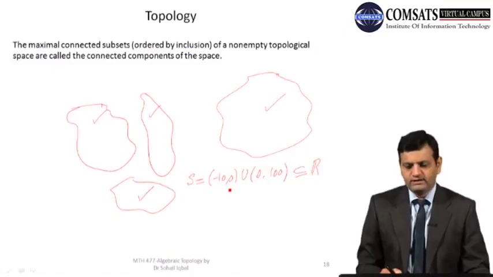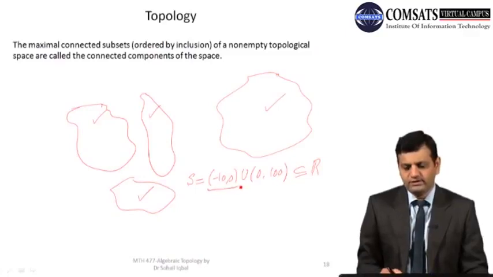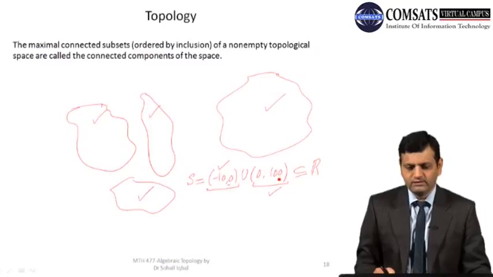If it is not connected, then we can write it as a union of connected components. We can observe that this open interval is a connected component, since it cannot be written as a union of two open sets. So this is our first connected component, and this is our second connected component. This disconnected topological space S has two maximal connected subsets: -10 to 0 and 0 to 100.